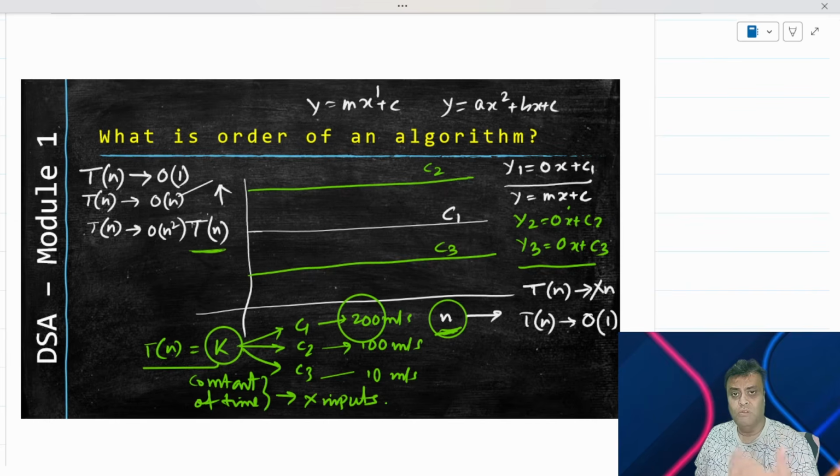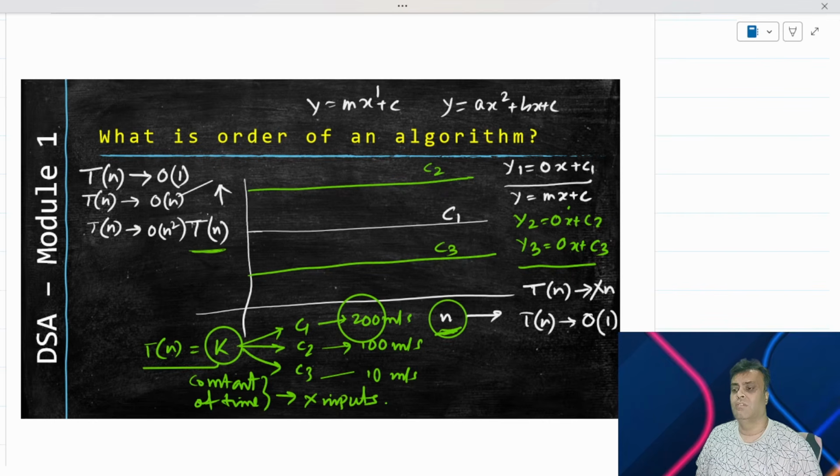The more inputs you give, the more the time taken, and the nature of the curve will be different for different classes of polynomials, right? So if I just summarize the last 10-15 minutes that we have gone through, we have established, point number 1, that the time complexity of an algorithm is not the amount of time.